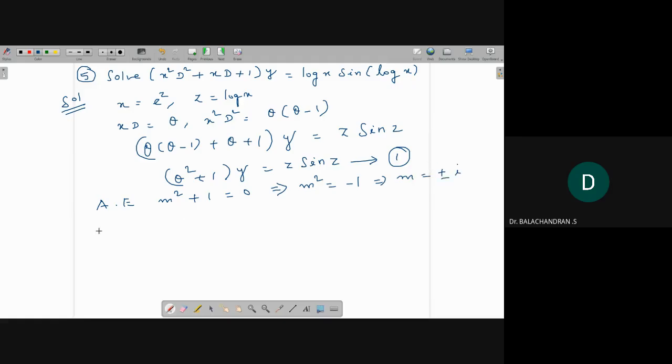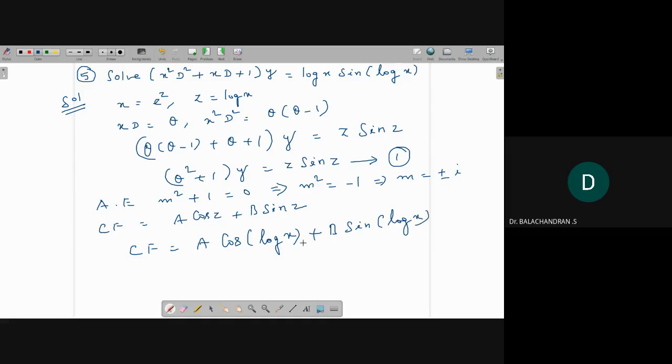Okay. So the CF is equal to e^(0z) into (a cos z + b sin z), and CF equal to a cos(log x) plus b sin(log x).